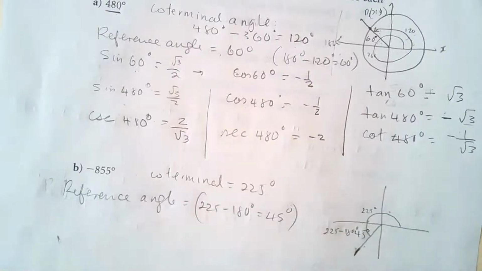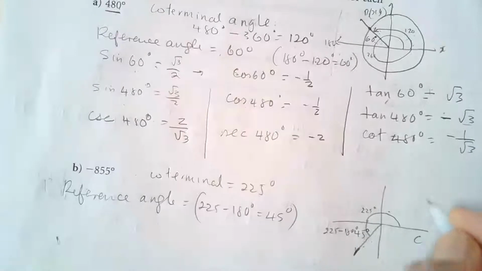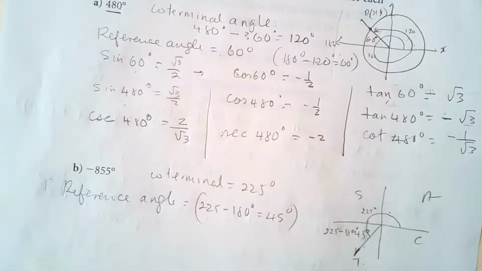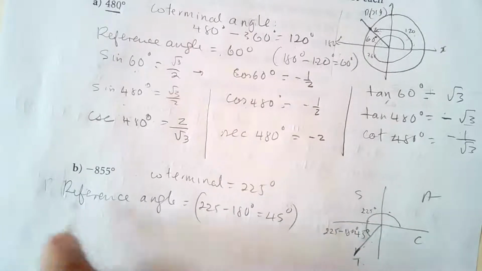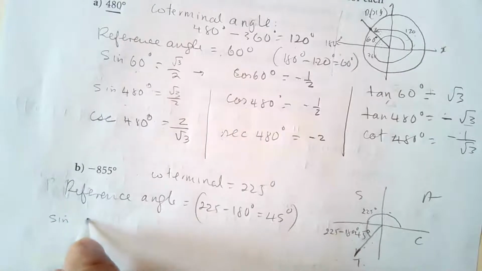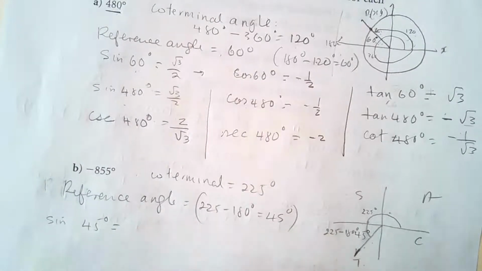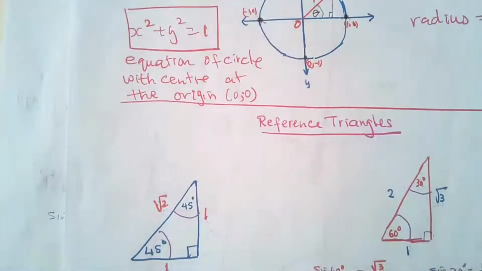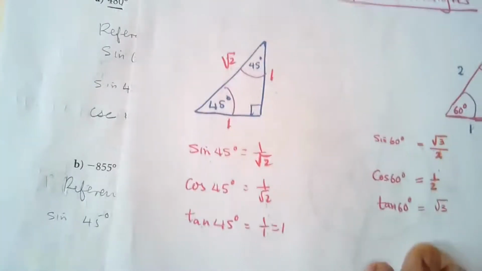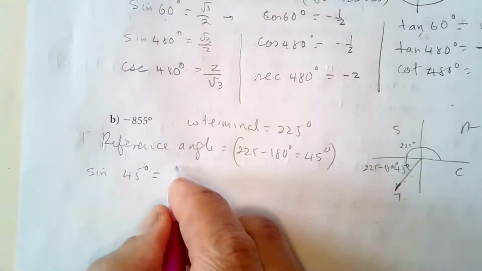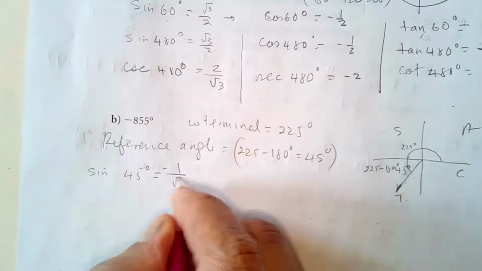So now, in this quadrant here, remember the CAST rule, tangent is positive here only. The sine and cosine are both negative. Okay, so we can put here sine 45 degrees. We go to our reference triangle. Sine 45 degrees is 1 over root 2. So it's negative 1 over root 2.